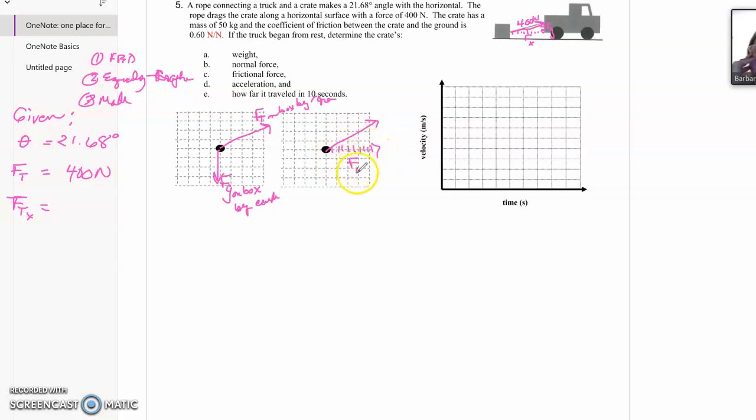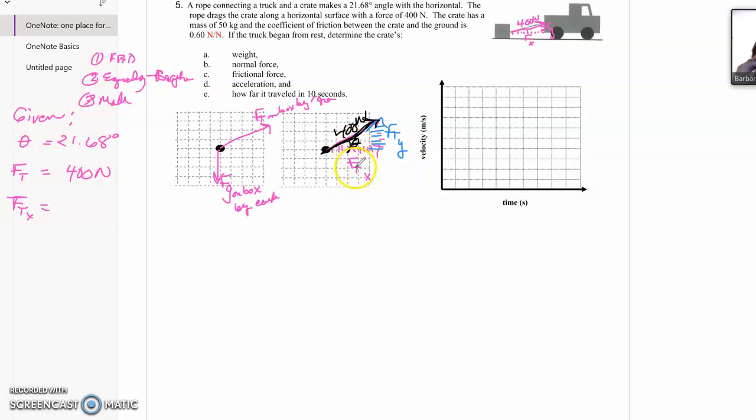So this is F tension X, and maybe I will say this could be F tension Y, right? And I could say that the hypotenuse is 400 newtons, okay? And then the theta, right, is 27, whatever. Okay.